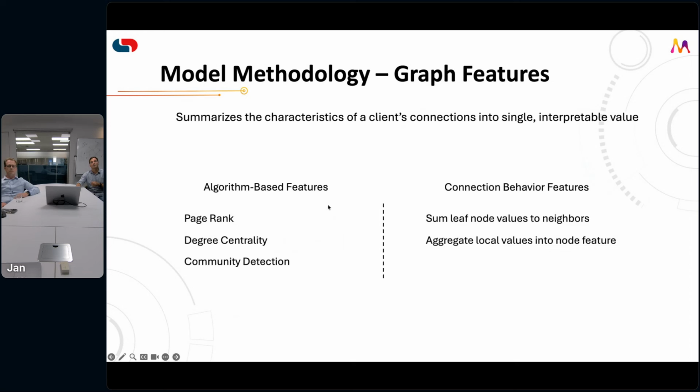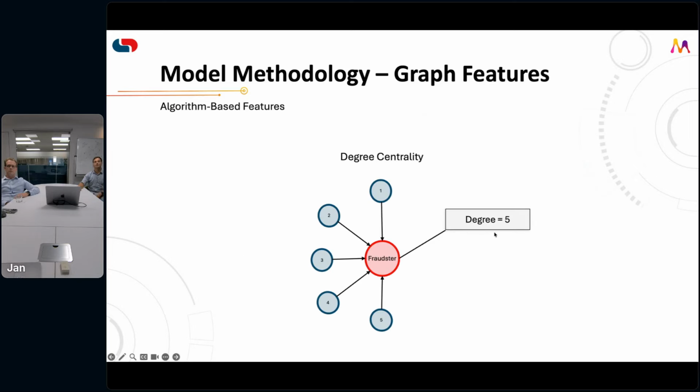And then as well, we said, okay, let's look at more connection behavioral features, meaning that you go look at your neighborhood and then start summing up the leaf nodes' values into your neighbors and then summing and aggregating it up until into your node.